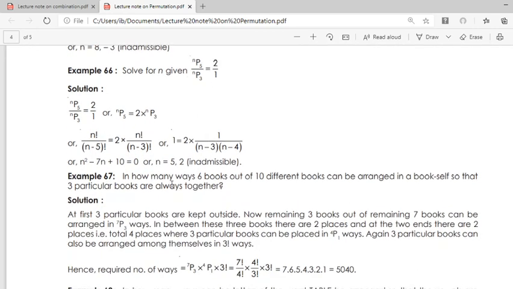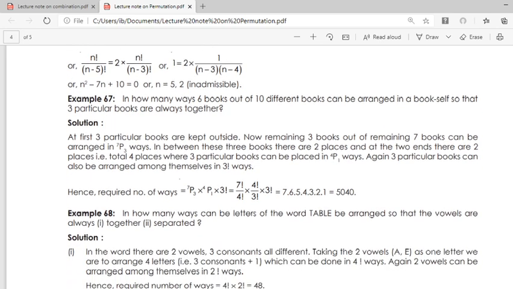It's the same way. Let me look at example 64. In how many ways can 6 books out of 10 different books be arranged in a bookshelf so that 3 particular books are together? Now, 3 particular books are together. At first, 3 particular books are kept aside.